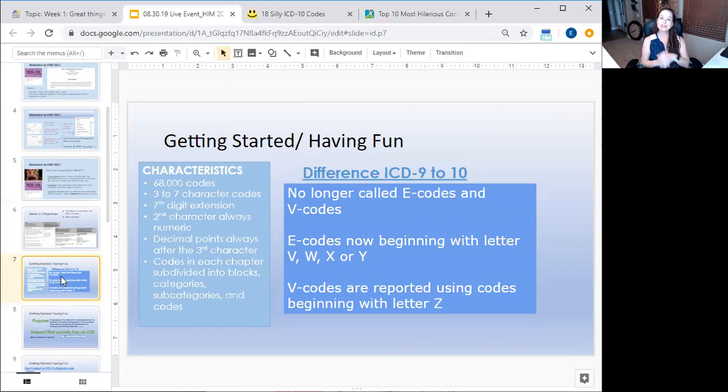So again, some of the characteristics of ICD-10, 68,000 codes. Now you'll be surprised, people that spend years doing coding, they actually start to memorize codes. By no means 68,000 of them, but if you're a specialty coder and perhaps you always code neurology, or you always code, I don't know, moms and babies, right? You're gonna have a lot of those codes already memorized.